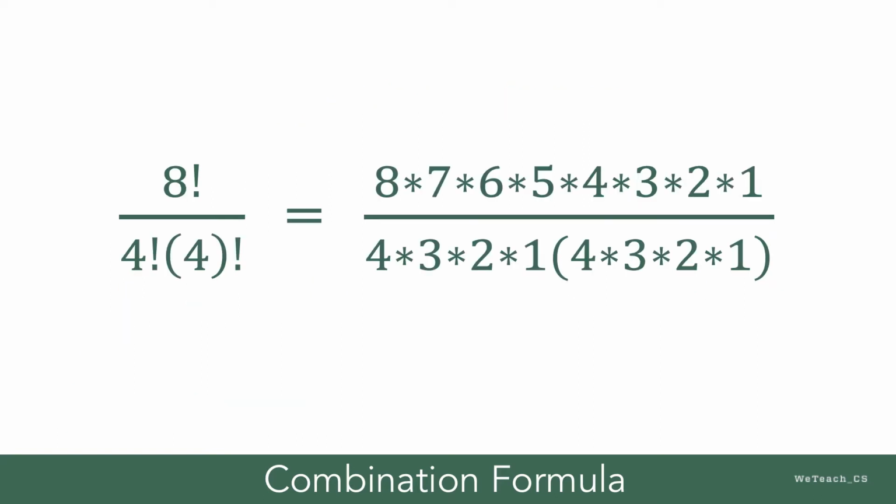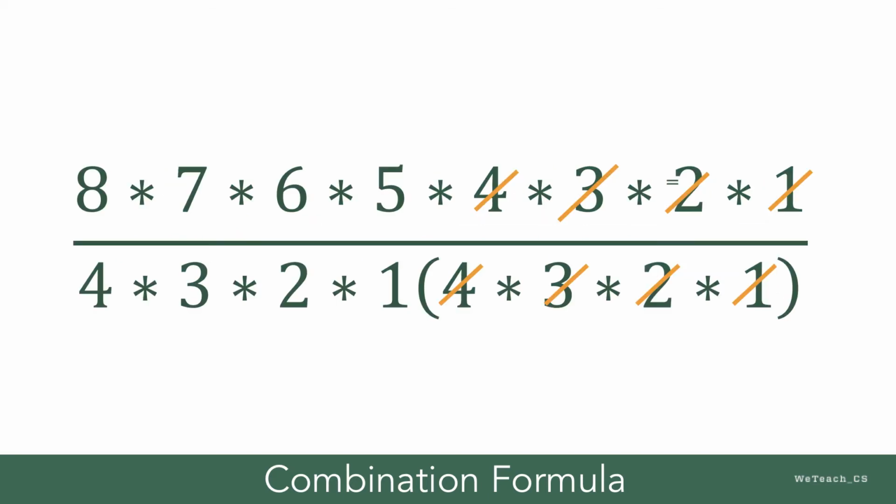Now let us work through simplifying. 8 factorial divided by 4 factorial multiplied by 4 factorial. We will first expand the numerator and the denominator as shown here.